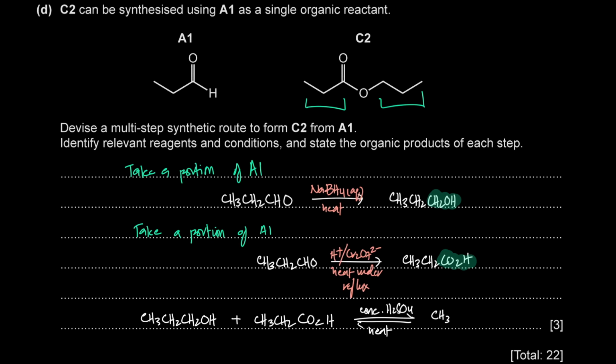So we get CH3CH2CO, the CO from the acid bonds to the oxygen from the alcohol, so we get CO and then OCH2CH2CH3. So that's our final product, that is propyl propanoate.